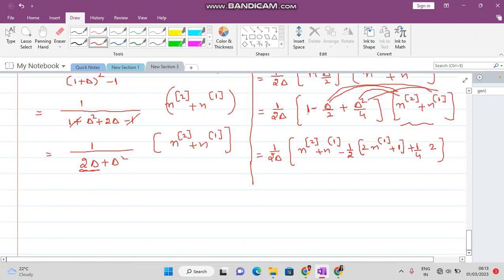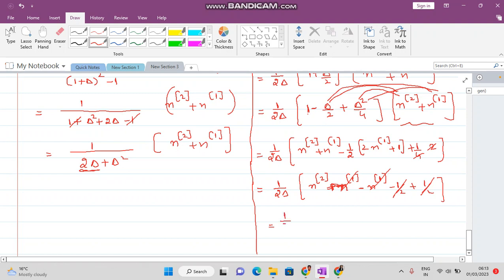So this can be written as 1 by 2 delta into: n raised to the power 2 factorial plus n raised to the power 1 factorial, minus half times (2 n raised to the power 1 factorial plus 1), plus half. The plus half and minus half cancel with each other, and the n raised to the power 1 factorial terms cancel with each other.